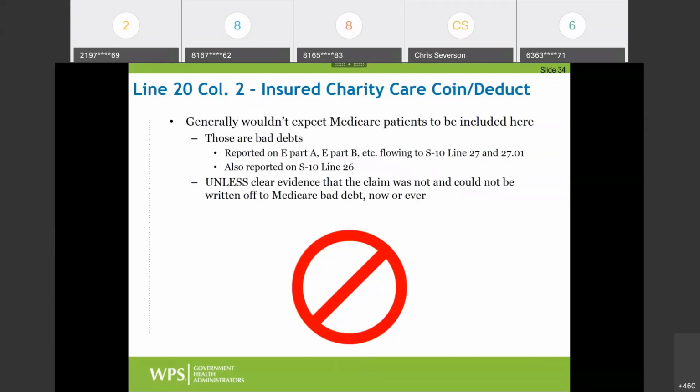You certainly can't write them off in both places, but if you do have clear evidence that for whatever reason that claim was not and could not be written off to Medicare bad debt in this year or any year, it didn't meet a Medicare bad debt policy, for example, maybe you didn't have proper collection effort or whatever, then it could be allowed here as charity care. But the point I want to make is that requires that kind of higher bar of evidence because there's that concern of duplication either now or down the road.